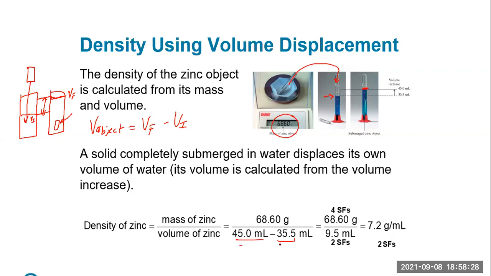We subtracted to get the volume of the object, which was 9.5. We then divided the mass by the volume, which gave us a density of 7.2 grams per milliliter. Significant figure wise, there are 4 significant figures on top. When we subtract, we go to the decimal places, which gave us 2 significant figures. Our answer ended with 2 significant figures.